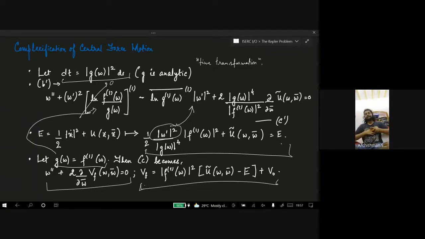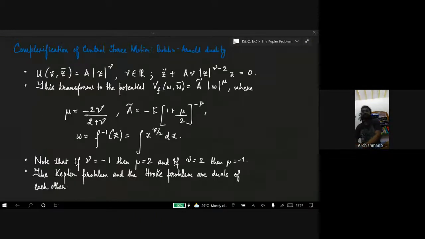And if that's the case, I can do the exact same thing for the Kepler problem, or for any power law potential for that matter. And if I do this for any power law potential, you actually end up with the fact that the Kepler problem maps to the harmonic oscillator problem, and vice versa. The harmonic oscillator problem maps to the Kepler problem.